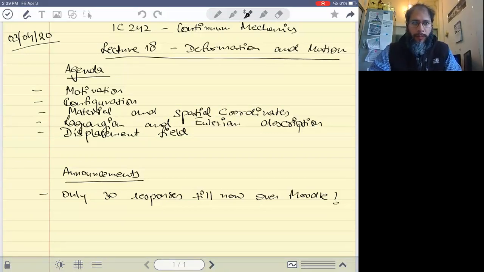There are two coordinate systems: one is called the material coordinate system, the other is called the spatial coordinate system. Then we'll talk about the Lagrangian and the Eulerian description of motion. So we'll again have two coordinate systems, one we'll call Lagrangian, the other we'll call Eulerian. Finally, we'll end the lecture with talking about the displacement field, which is very useful when understanding the motion in a body.